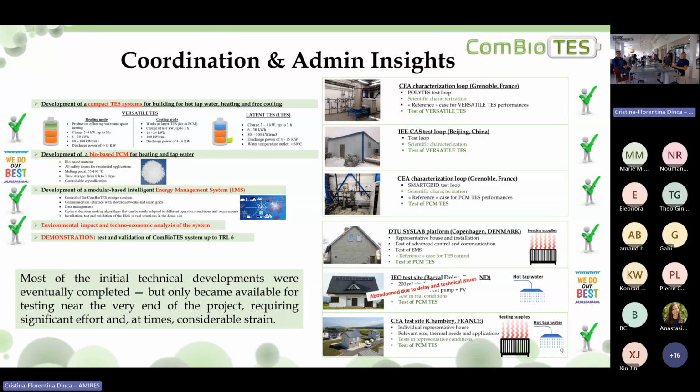Maybe just for those who attended the workshop, session 2 led by Anish just proved the efficiency of the developed EMS. And for the demonstration at TRL 6, keep in mind that a few minutes ago, I said never overestimate the TRL. For me, we are not at TRL 6, but for the European Commission, we will say that we are at TRL 6, and so we are participating in this TRL value.